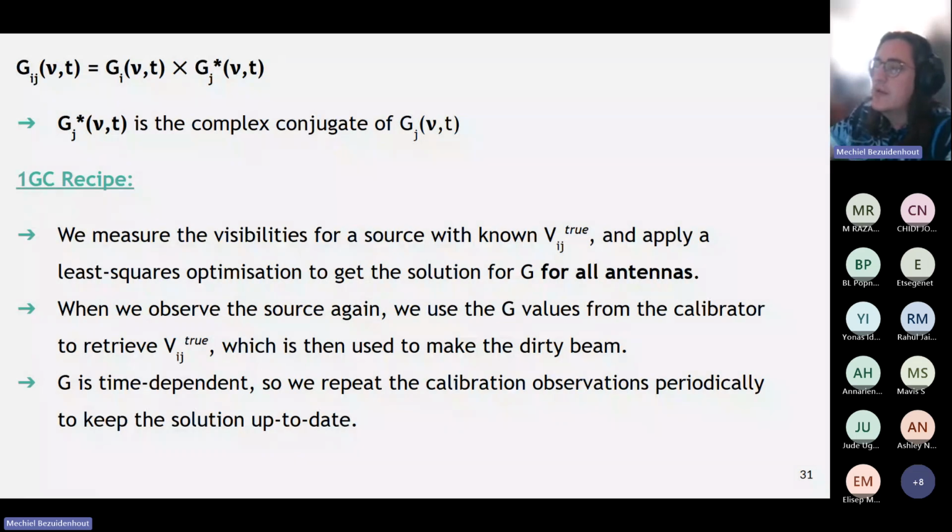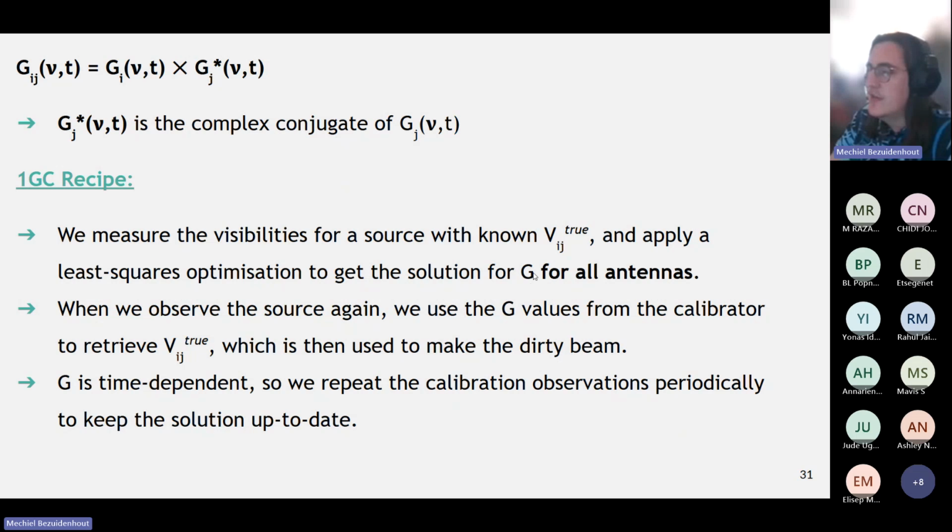You have to get a calibration solution for every single antenna. And of course, the more antennas that we have, the more baselines that each antenna is involved with, the more able we are to get a good solution for the gain solution for each antenna. So arrays with more elements are easier to calibrate using 1GC.